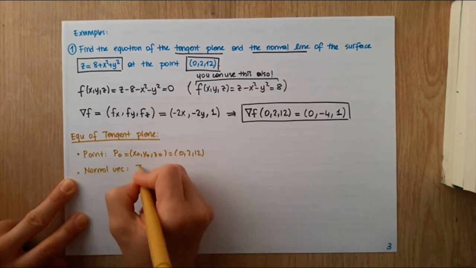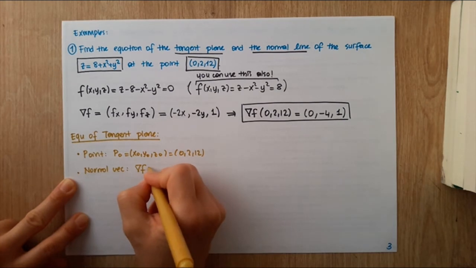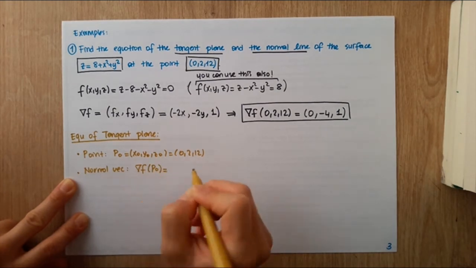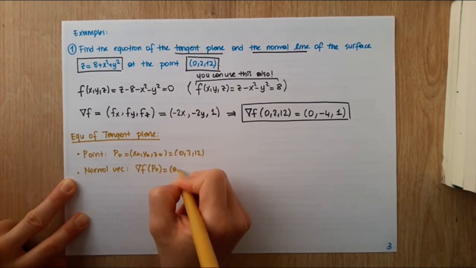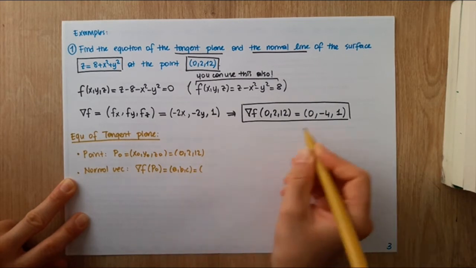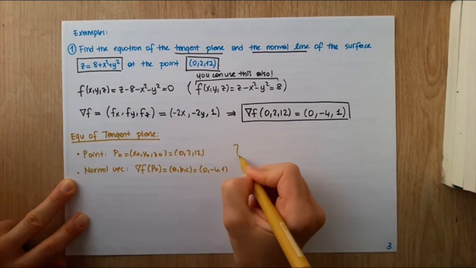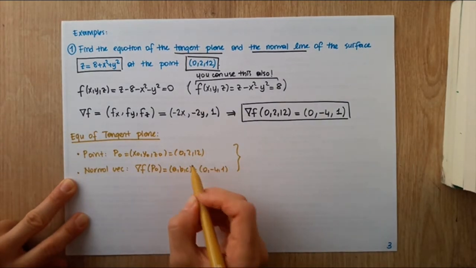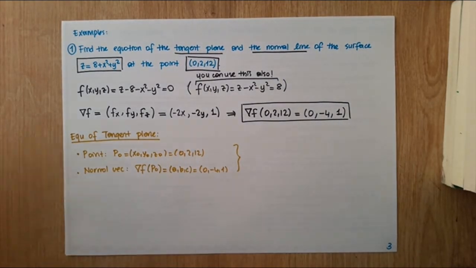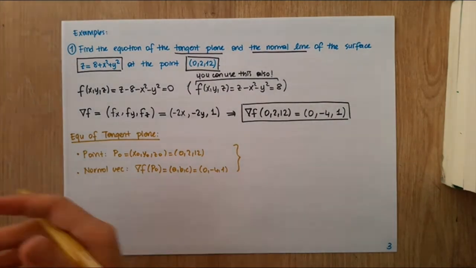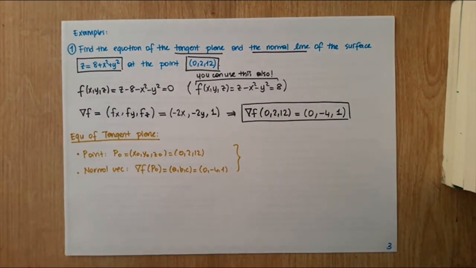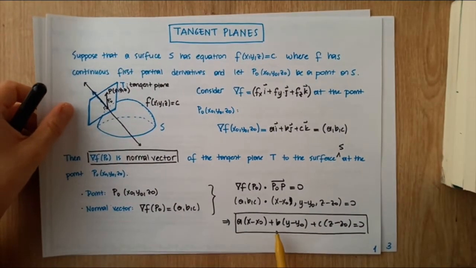All we know is that the normal vector is the gradient vector evaluated at p0. So this is (A, B, C) in the definition. We have found it as (0, minus 4, 1). So you know what x0, y0, z0 are, and you know what A, B, C are. It's time to substitute all those numbers in this formula.